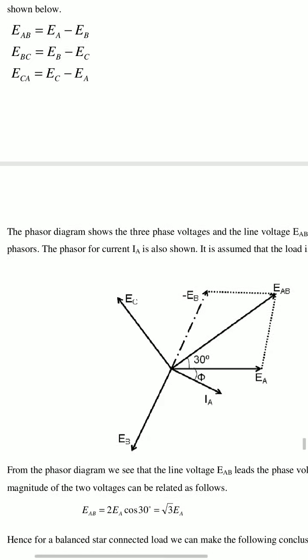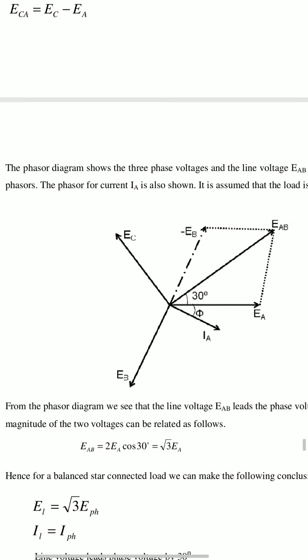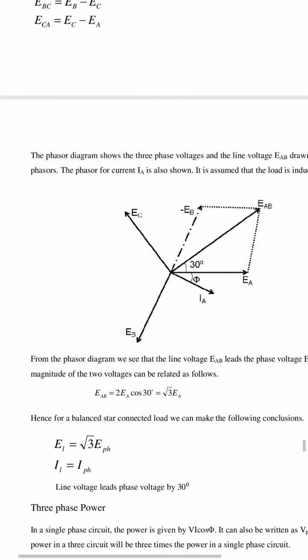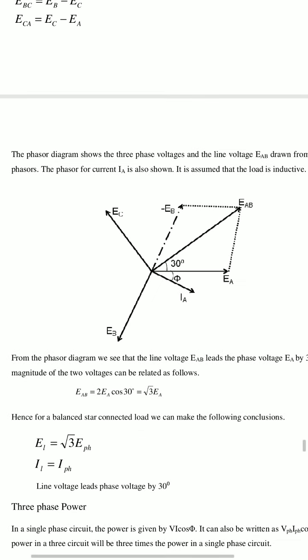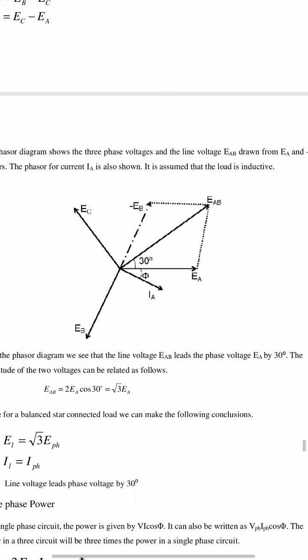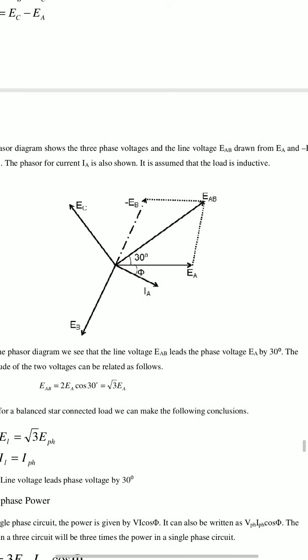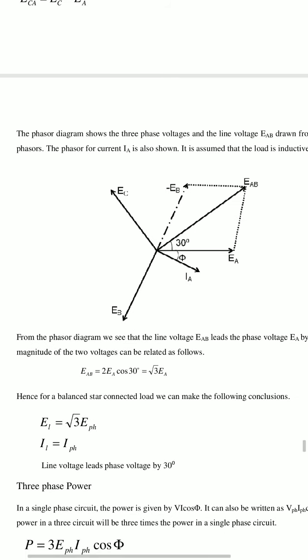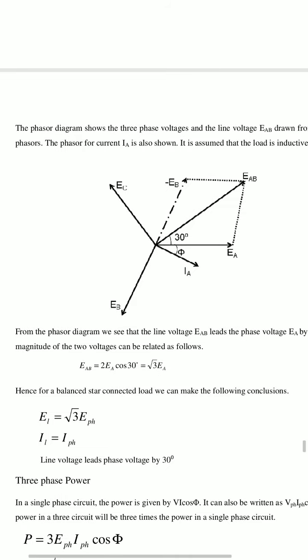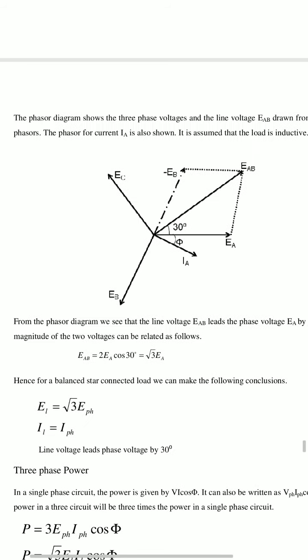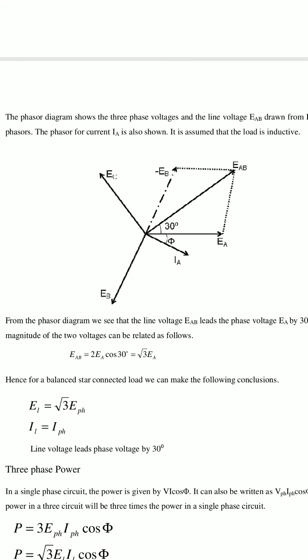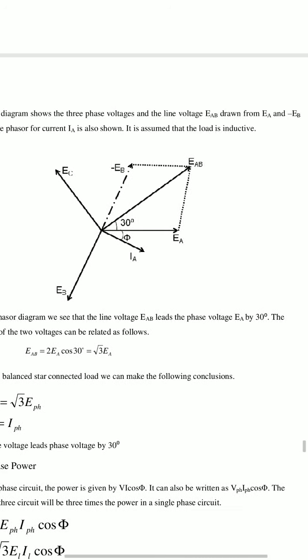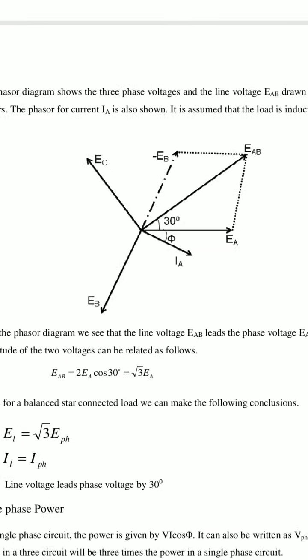The phasor diagram shows the three-phase voltages and the line voltage EAB drawn from EA minus EB. The phasor current IA is shown, assuming the load is inductive.